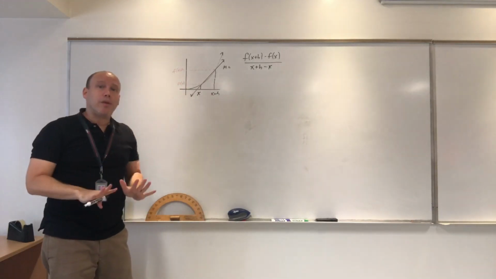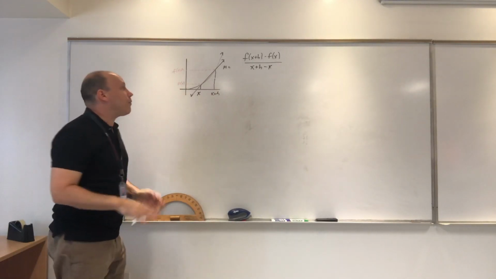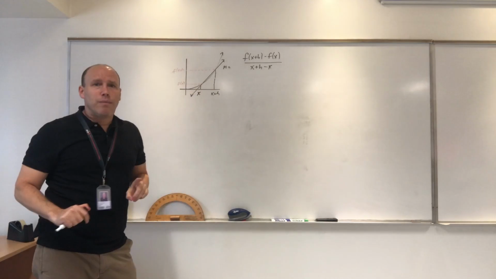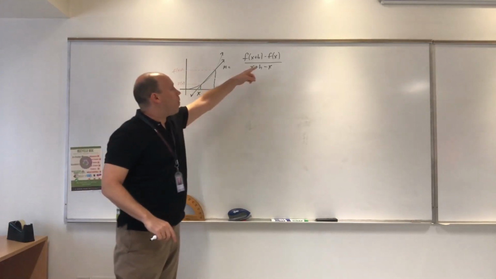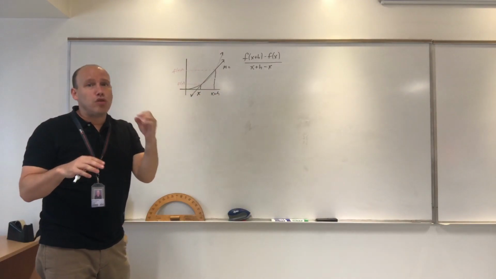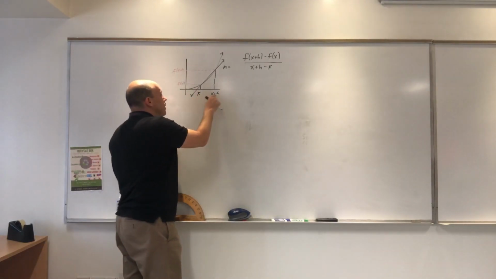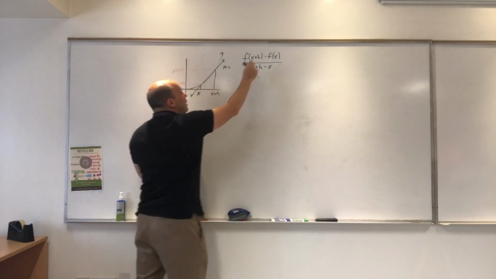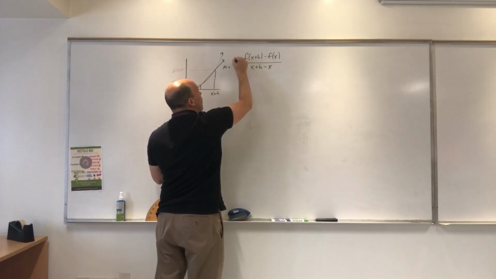We're just following through the logic. But there's a little addition, because what was going on with the h? We saw the h was getting smaller and smaller till these 2 points were the same. So the idea is we want to find the slope when the limit as h approaches 0.